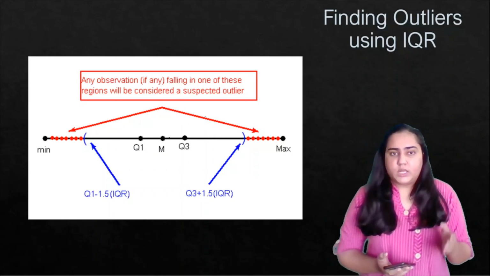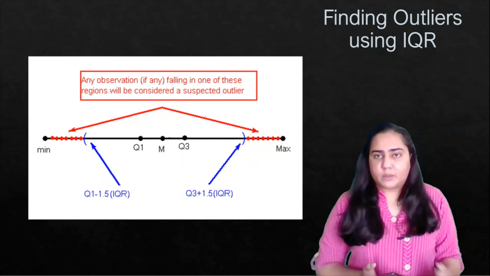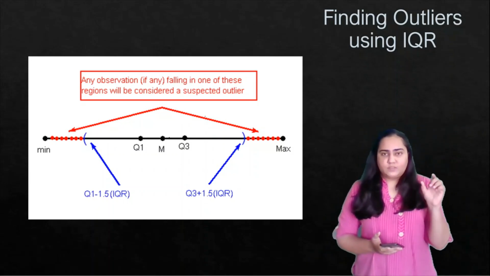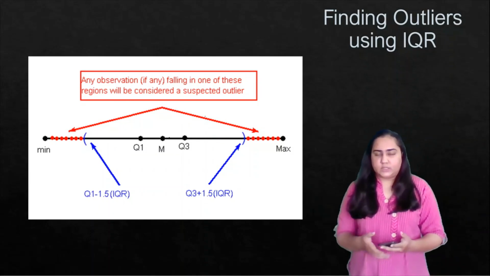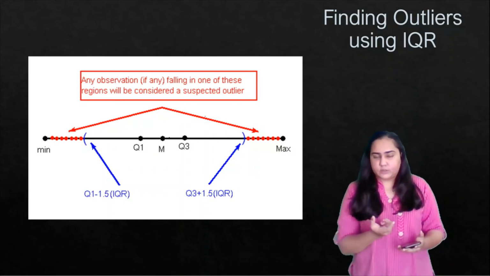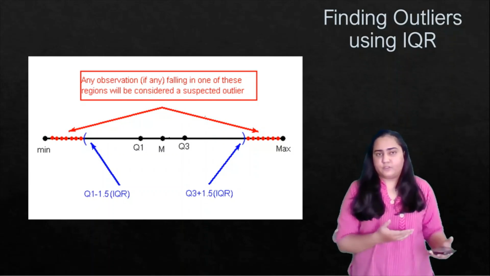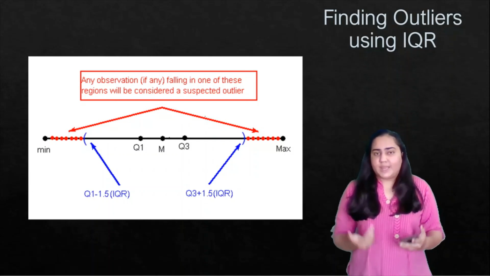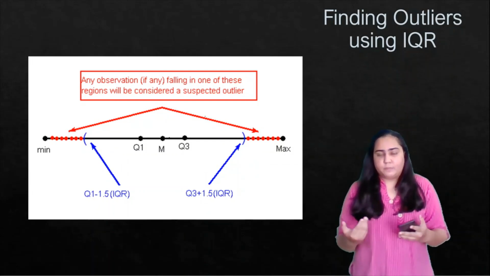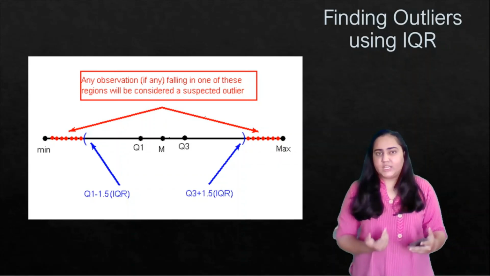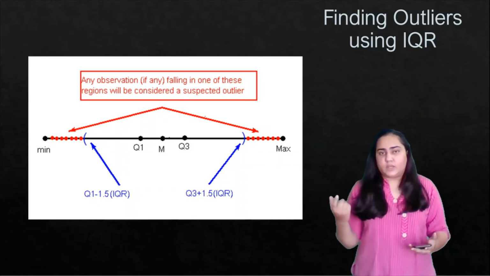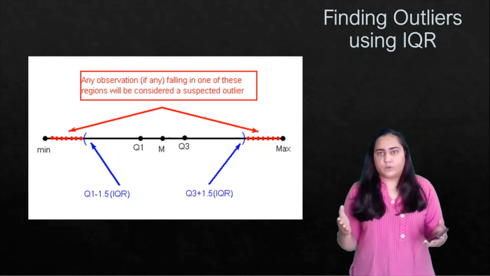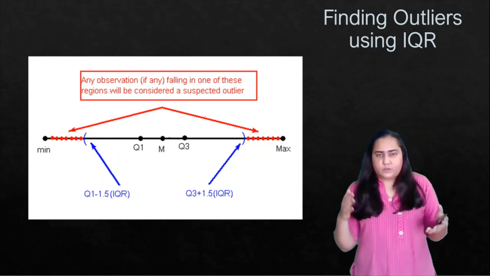Once we've found that, if we find Q1 minus 1.5 times the interquartile range, IQR, then whatever space we get, which you can see in this diagram, the blue space before Q1 on the left of Q1, and the space that you will get by adding 1.5 times the interquartile range to Q3, the space that you get after that, together will form your area, which is sort of a safe zone.